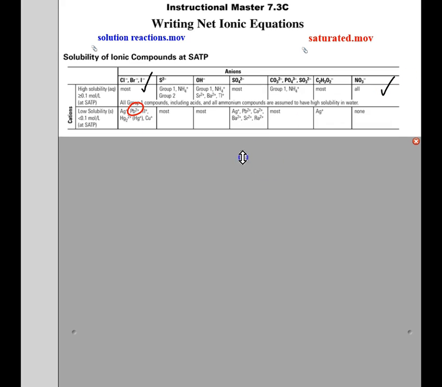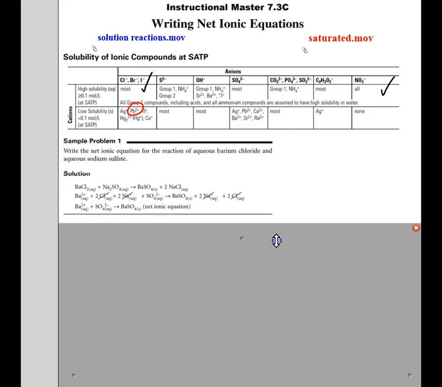So if we look at the first sample problem, we'll illustrate this. When we're given a balanced reaction equation, we look at the states of matter and identify all those which are aqueous. Those which are aqueous we understand to be ionic compounds where the ions are surrounded by water molecules.